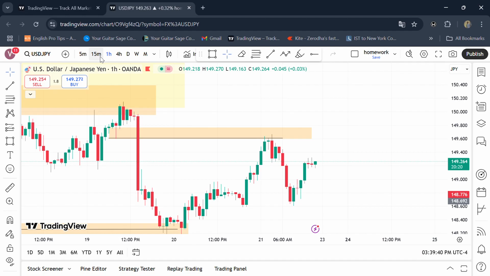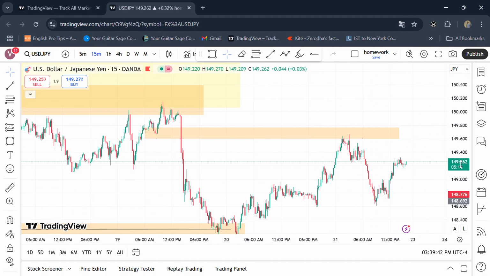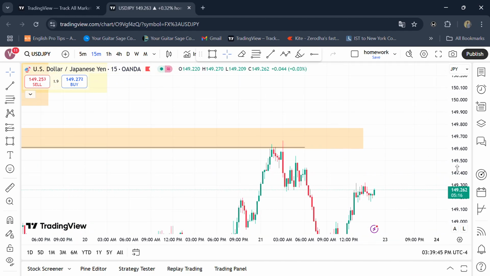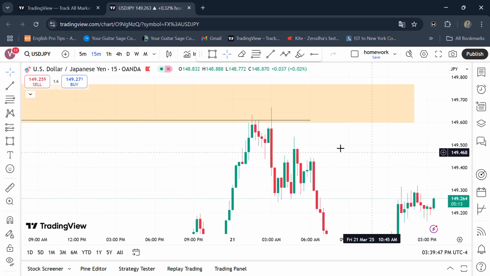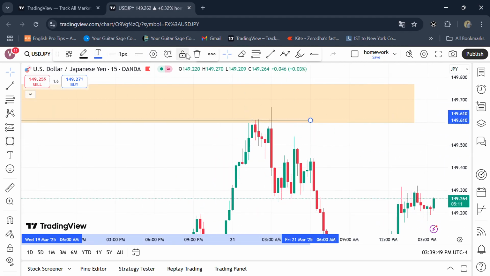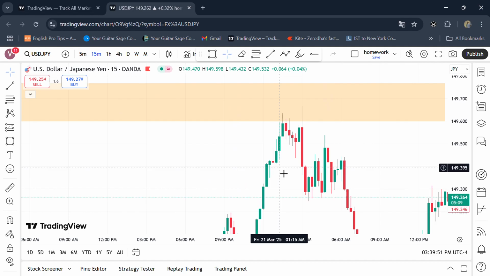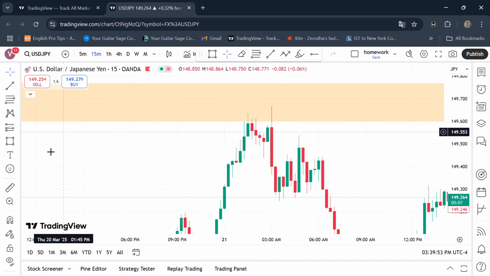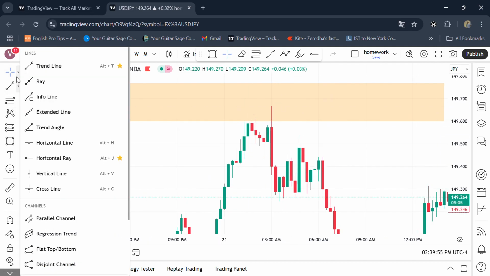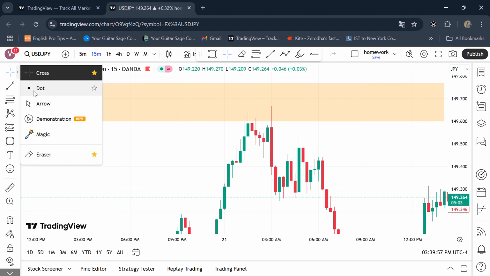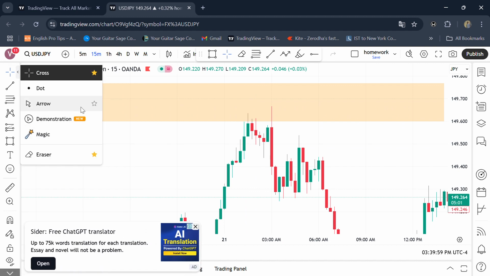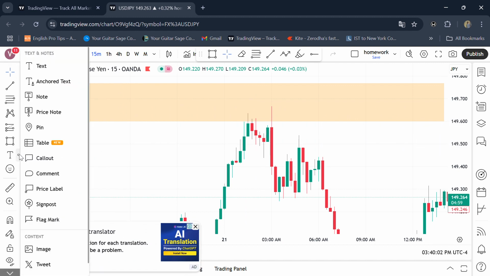Now, if we go at this point on lower time frames, let me remove this. You can see it made a first tap. Wait, let me use this paintbrush.